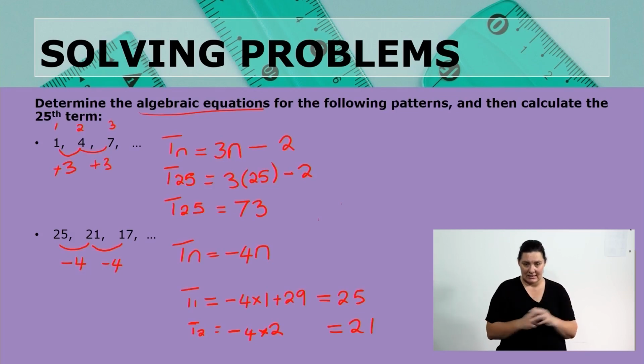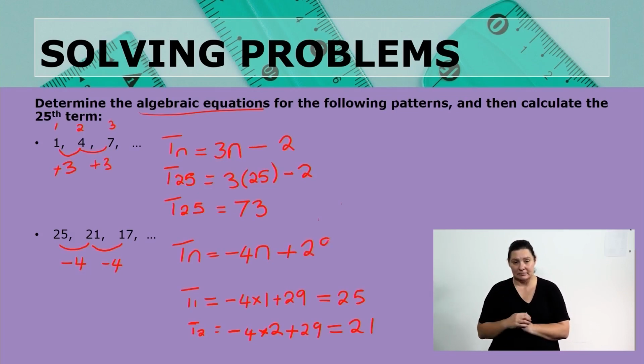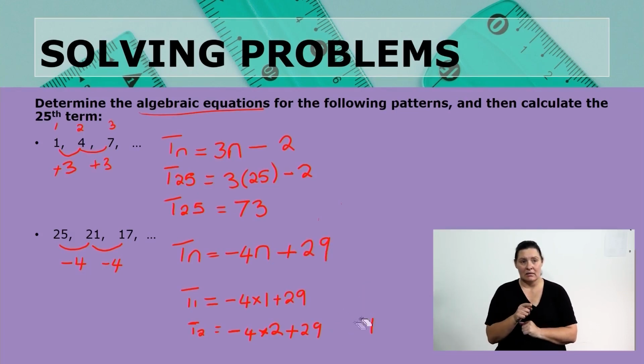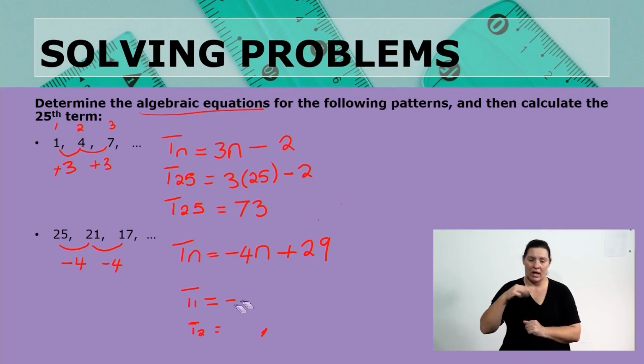That is a negative 8. And how are we going to get to 21? Correct? We are going to add 29. So it means that our general formula, our algebraic equation, is going to be negative 4 multiplied by n, and we are going to add 29. And that is going to be our algebraic equation.